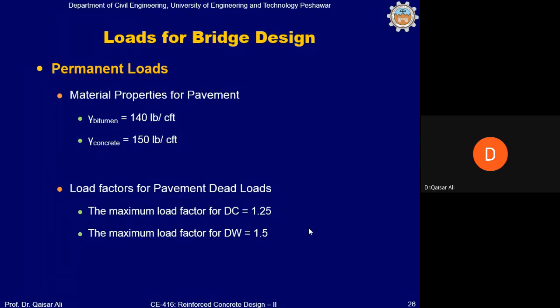Therefore, the chances of increase in the dead load due to the wearing surface are very high. Therefore, a larger load factor is assigned to the wearing surface as compared to the load factor of the structural and non-structural components of the bridge.